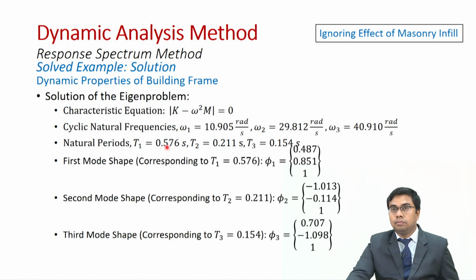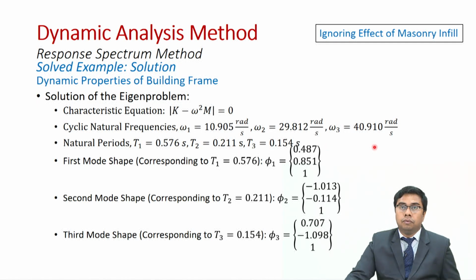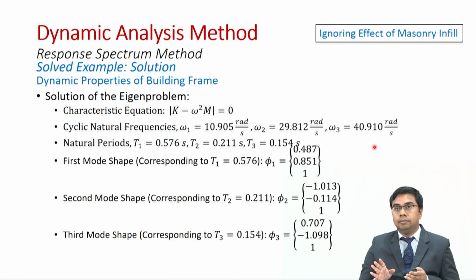So, the highest natural period will be your T1 and the lowest natural period will be much further away. Now, we have been able to obtain the different mode shapes corresponding to different natural periods. I suggest you look into a book on mathematics which gives you the solution of an eigen problem if you encounter any problem understanding this.